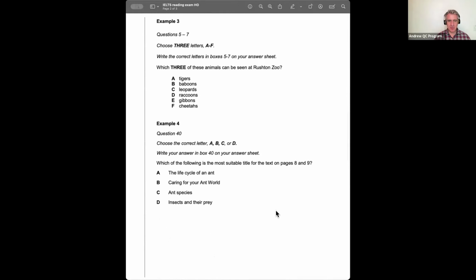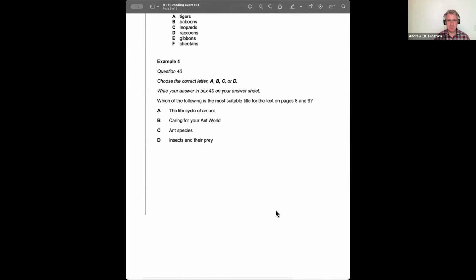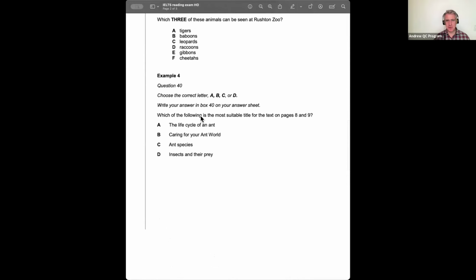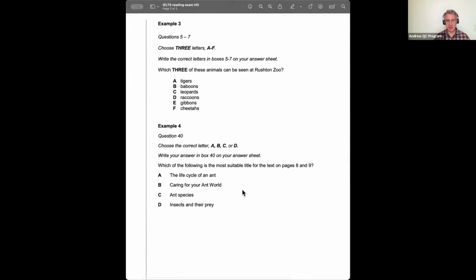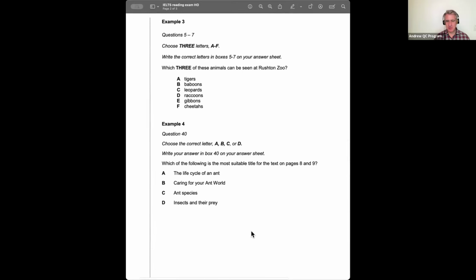And what about example 4? Only one? There's only one, right? But it's a different type of reading skill, isn't it? It's a reading for gist. Yeah, reading for the general idea.